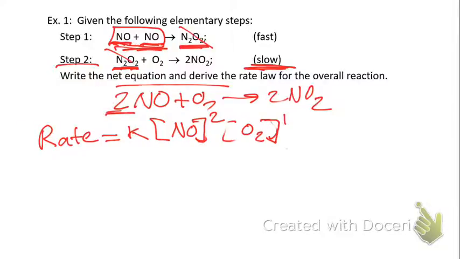You can't just say that because the coefficient is 2 in the overall reaction NO is second order, or because O2 has a coefficient of 1, it's first order. It's just a coincidence in this case. You have to look at the elementary steps to make that case work. This is going to take some time to practice, so we're going to do some more.